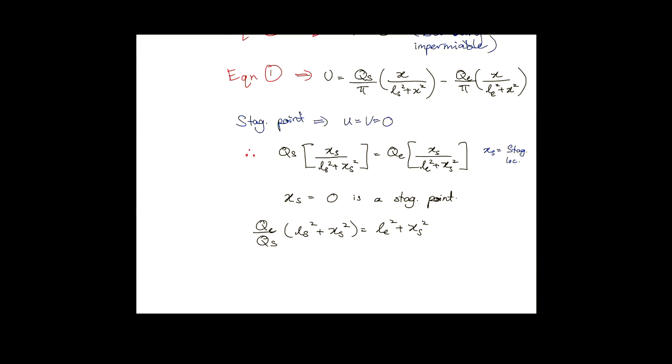Does everyone know how I did that? I'm just rearranging my equation. Right, and I want to factorize xs squared, and that would give me qe over qs minus 1, equal to le squared minus qe over qs times ls squared.